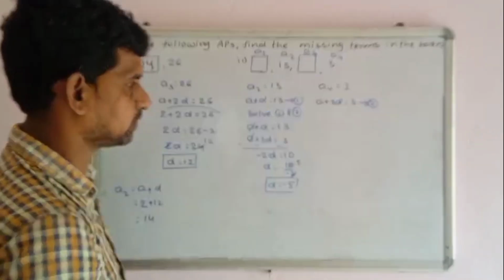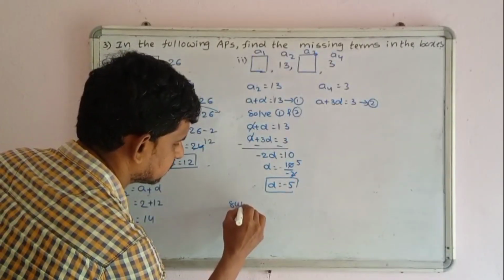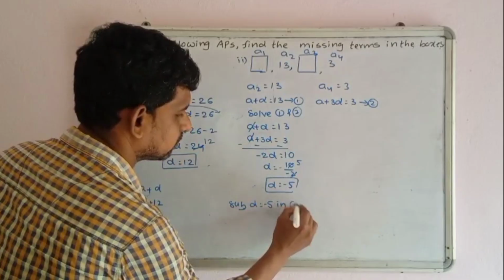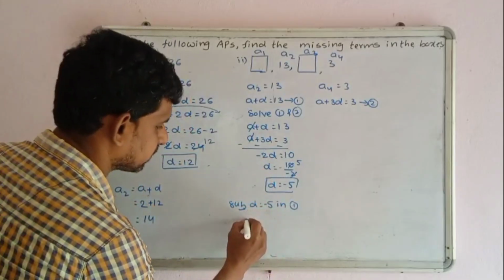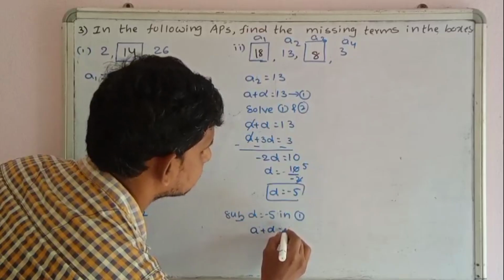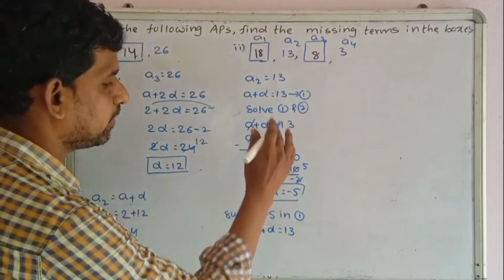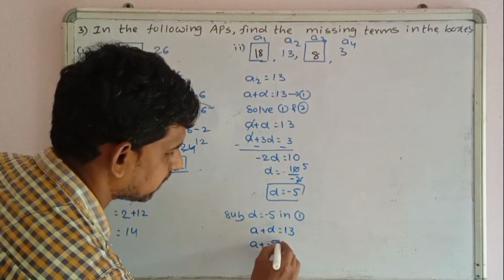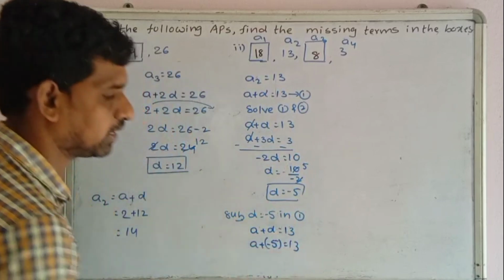D equals minus 5. Substitute D equals minus 5 in 1 or 2. What is 1? A plus D equals 13. So we don't know the value of A, D value is minus 5, A plus minus 5 equals 13.